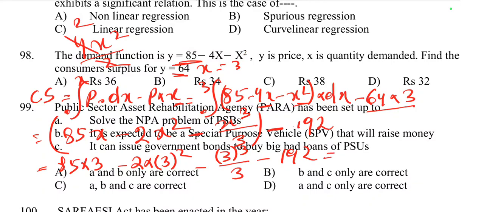So this value is equal to 85 into 3, which is 255, minus 3 square, which is 9, 9 into 2 is equal to 18, minus 3 cube by 3, the 3 cancels, so 3 square is equal to 9, minus 9, minus the last value, 192.